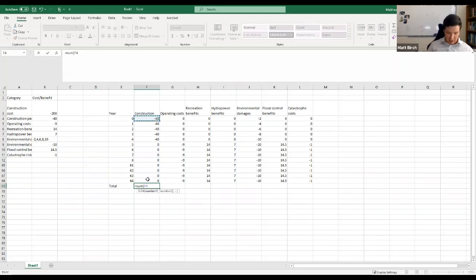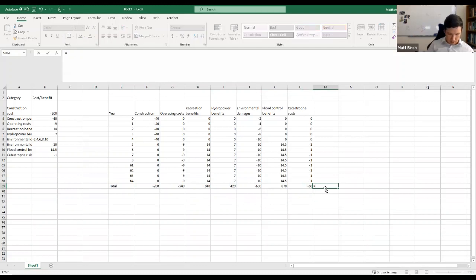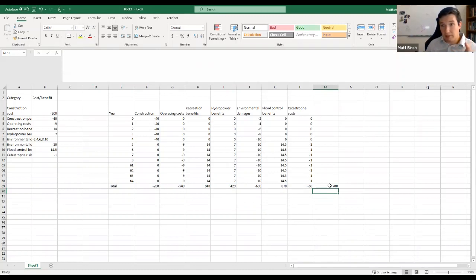Add up all the construction costs. And I'm just going to drag this sum all the way over to all of these. Let's even do one more just for everything. And that would tell me that I expected this dam to have a $700 million value.